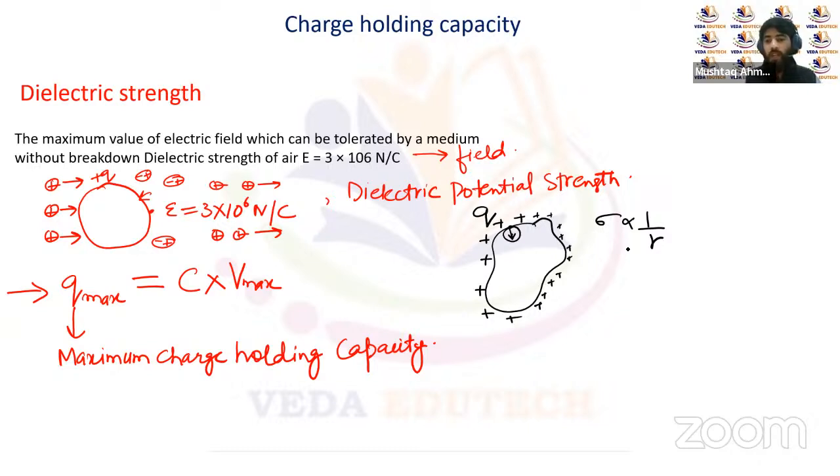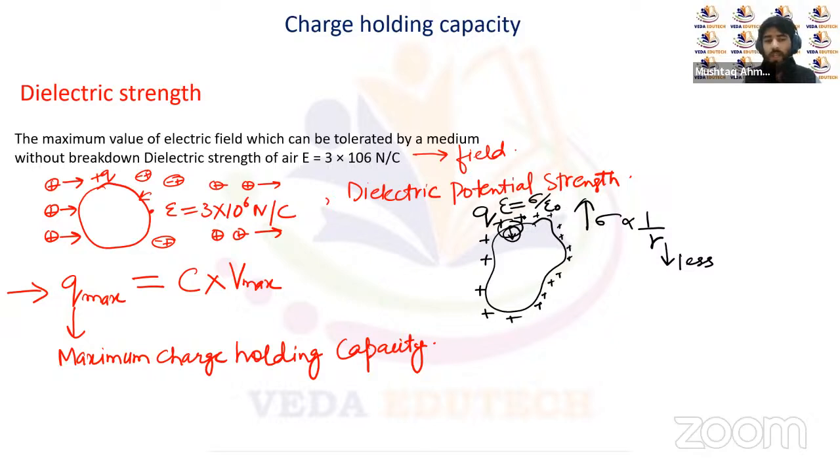So the charge density will be inversely proportional to the radius of curvature at any point on this conductor. It means that for the point where the radius of curvature is less, the charge density at that point is going to be more. If the charge density at that point is greater, then the electric field at that point will be sigma upon epsilon naught. The greater the charge density at some point on a conductor, the greater the electric field strength.